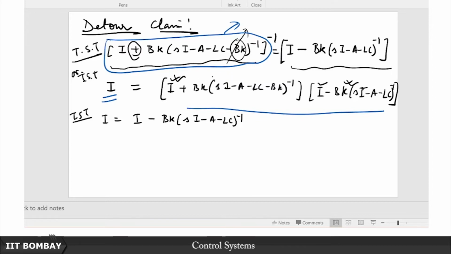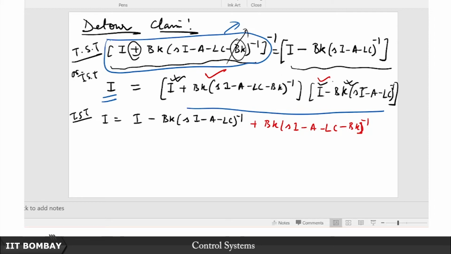Then I multiply this with this, and I get plus bk (si minus a minus lc minus bk) whole inverse, and finally the biggest and the nastiest term apparently.